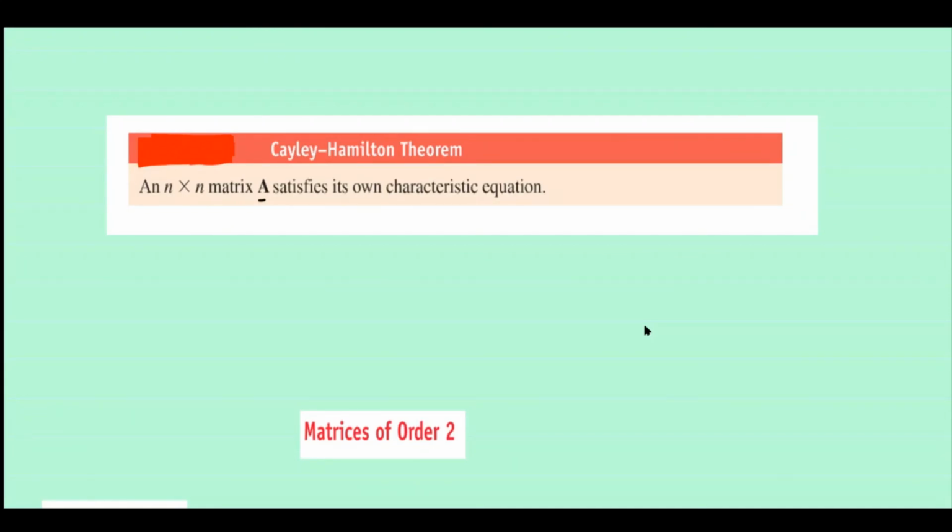So if A is an n by n matrix and suppose that its characteristic equation is minus 1 raised to n lambda raised to n plus Cn minus 1 lambda raised to n minus 1 plus etc. C1 lambda plus C0 equal to 0.